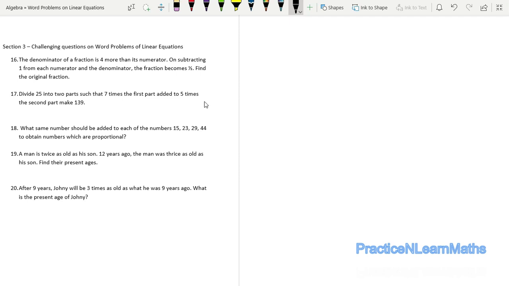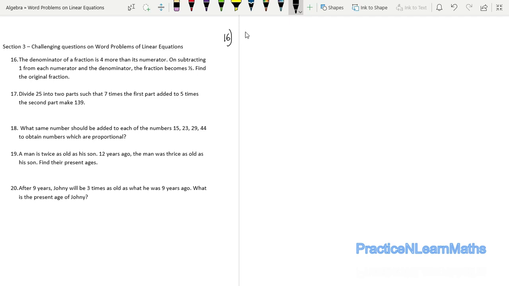Sum number 16. The denominator of a fraction is 4 more than its numerator. On subtracting 1 from each of the numerator and the denominator, the fraction becomes half. Find the original fraction.